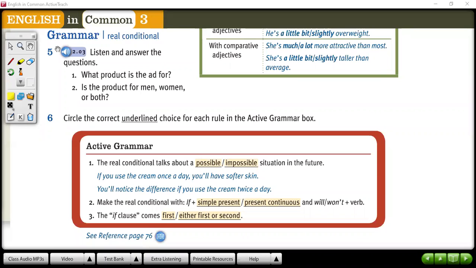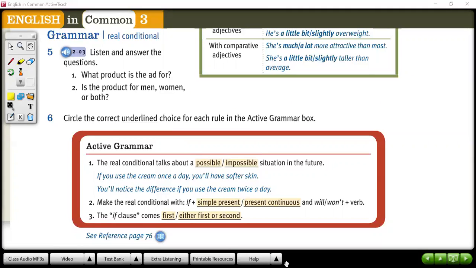Now we're going to learn this grammar part: real conditional. When we talk about real conditional, we are learning the structure that is called first conditional or real conditional.